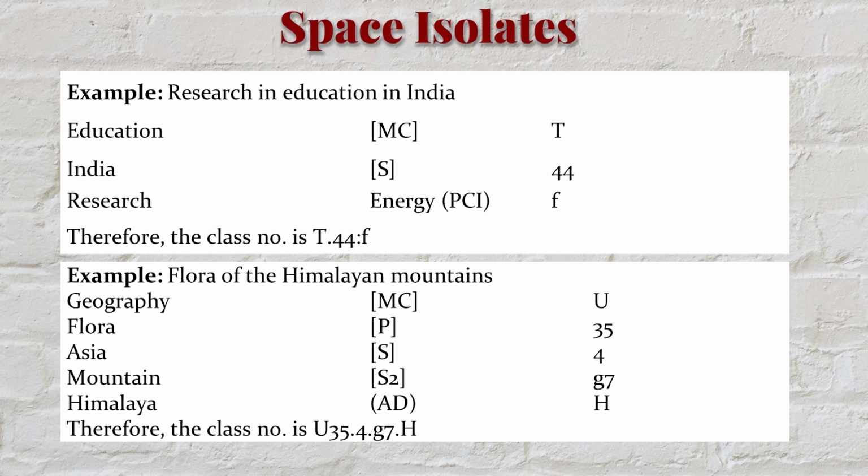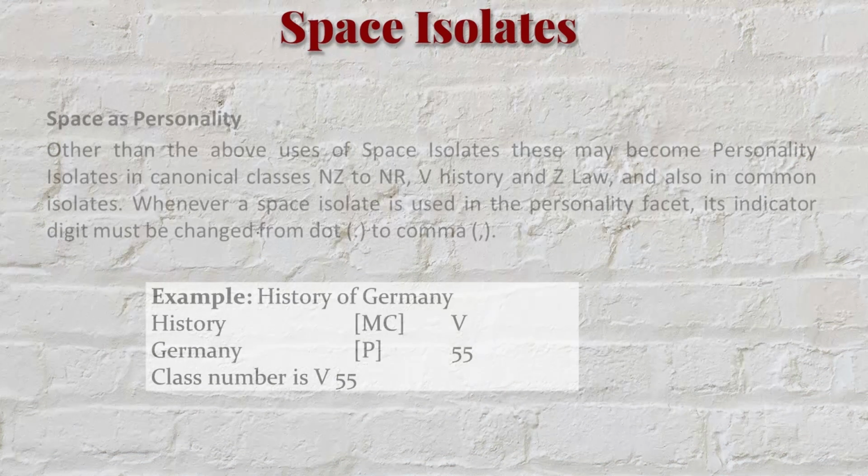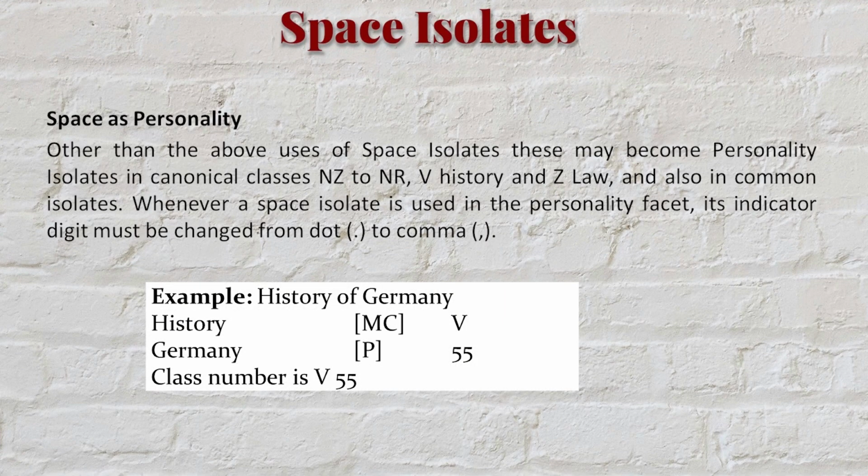Now we discuss space as personality. Other than the above uses of space isolates, these isolates may become personality isolates in canonical classes of fine arts N, that is NZ to NR, or V history or in Z law, and also in the common isolates.